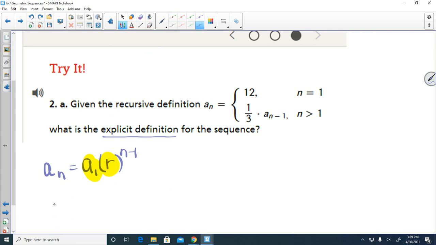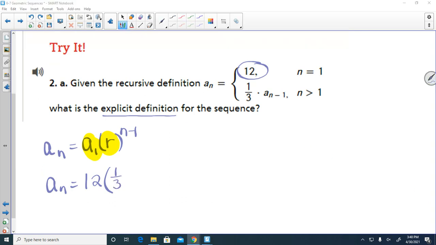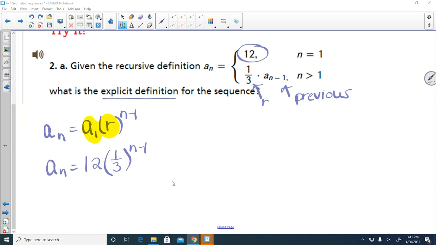So my A sub n equals the first term I find right here in the recursive sequence, 12, times, this is r, 1/3, to the n minus 1. And this time they wrote the r in front of the previous term. Sometimes you'll see that happen because with multiplication, you can do multiplication in either order.